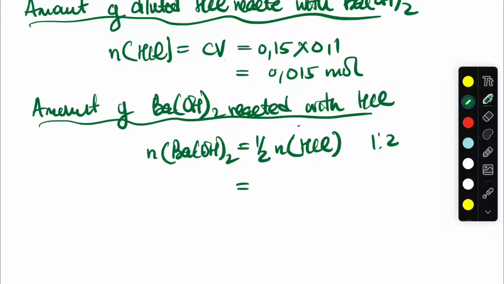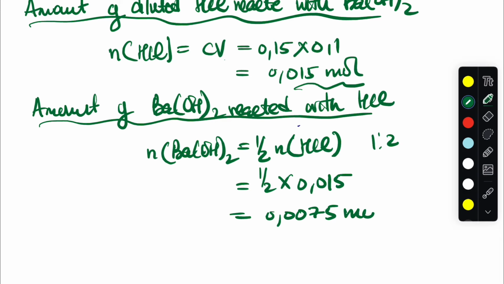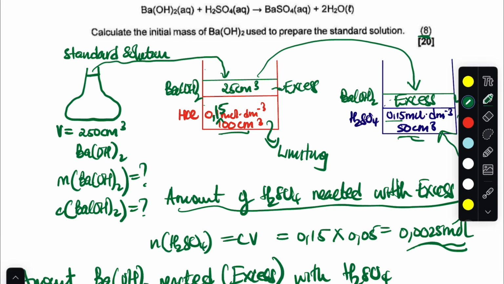Half times this amount, which is 0.015, and the answer will be 0.0075 mole. So now I have the amount that reacted with the HCl.